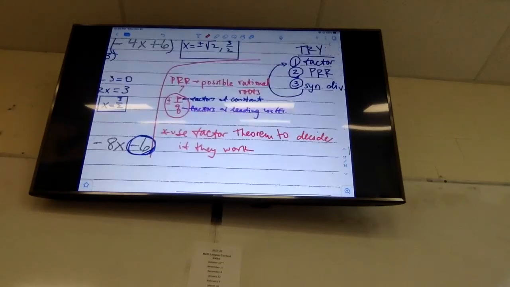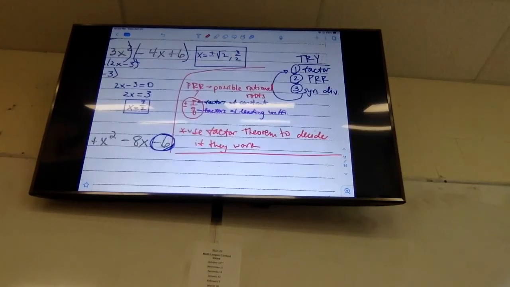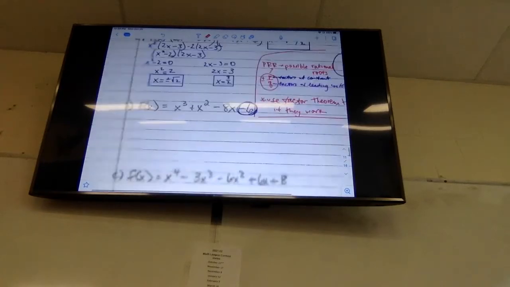Okay. It could be not a lot of work if you can find it right away, but sometimes it takes us a minute to figure out which one actually works. Okay, so let's do an example of this. This seems all fun and games, Miss White, but I don't know what's going on. So let's put it in action.